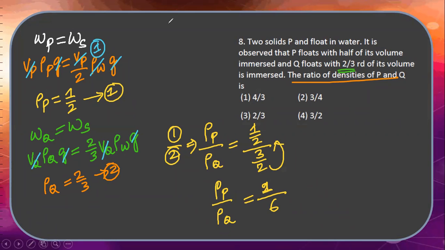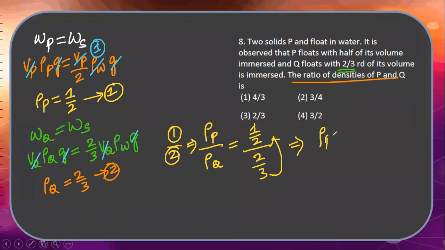Sorry, I wrote it reversed; it is 2/3, and the 3 comes to the numerator. Therefore, density of P divided by density of Q is equal to 3 divided by 4.